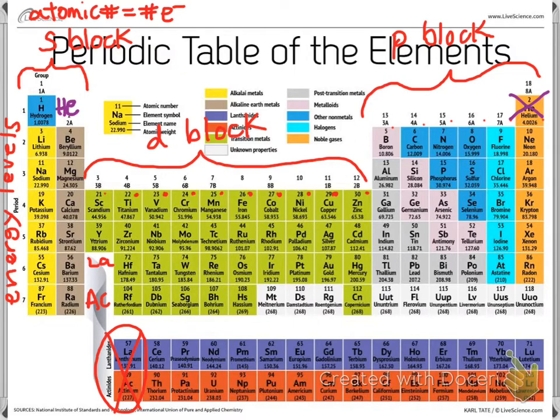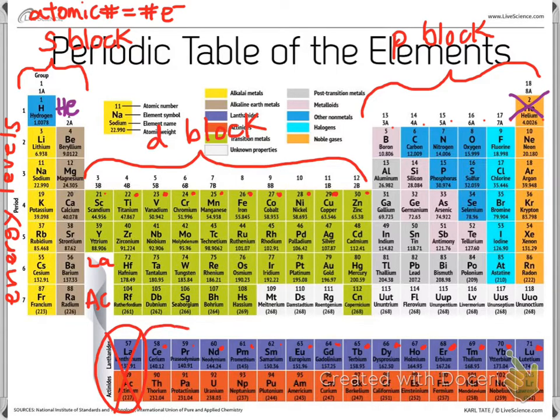Now, remember, I still need to talk about my F block. In my F sublevel, I have a total of 7 orbitals holding 14 electrons. 1, 2, 3, 4, 5, 6, 7, 8, 9, 10, 11, 12, 13, 14.